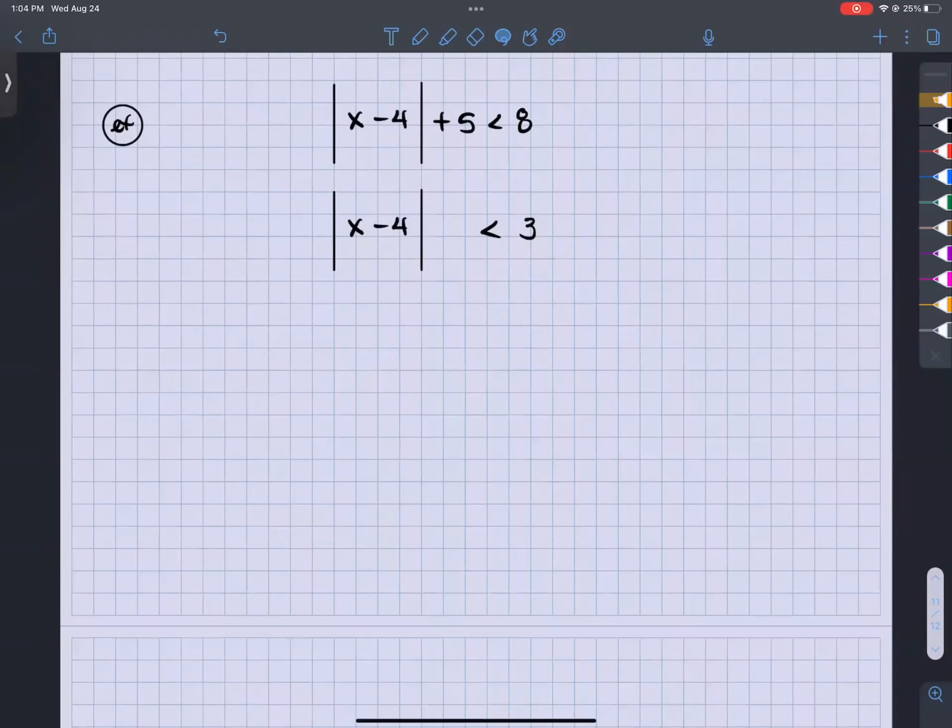So let's say we have the same exact problem here. Literally the same exact problem. What you guys could remember if you wanted to is remembering that this is a less than sign.